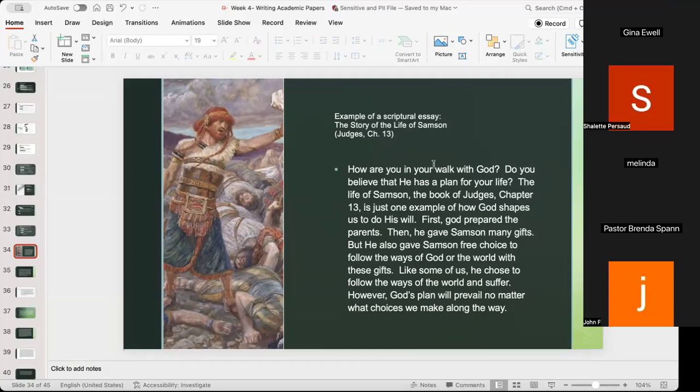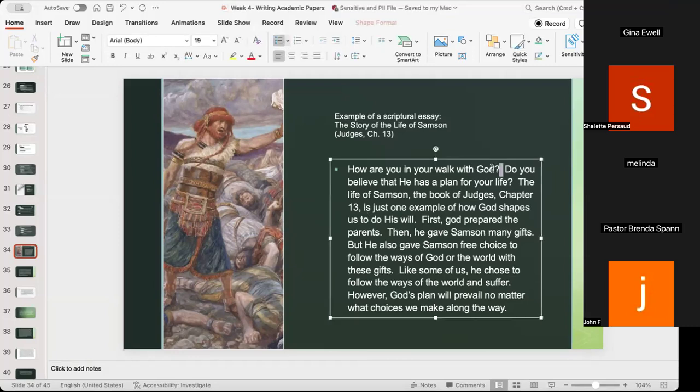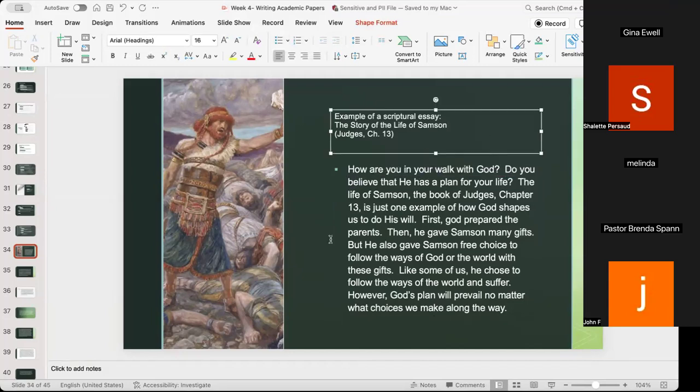How are you in your walk with God? So that's a great grabber sentence. It makes you think a little bit, pulls in the reader. Do you believe that he has a plan for your life? The life of Samson, the book of Judges, chapter 13, is just one example of how God shapes us to do his will.